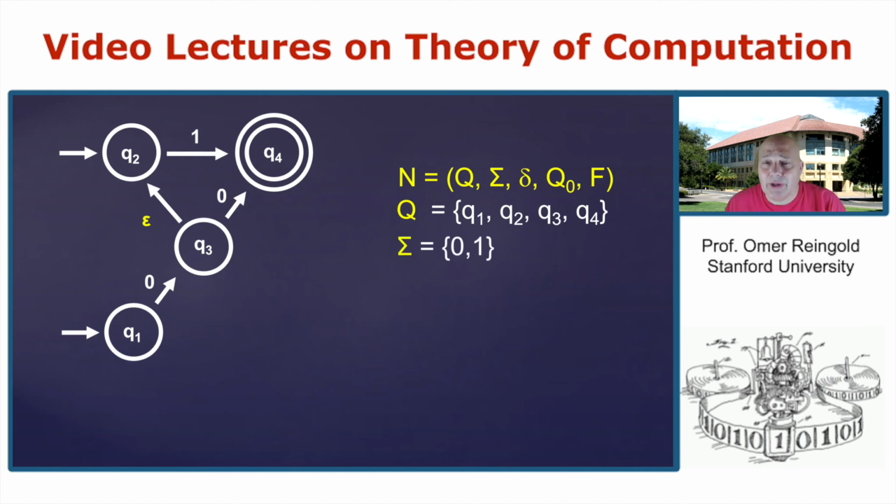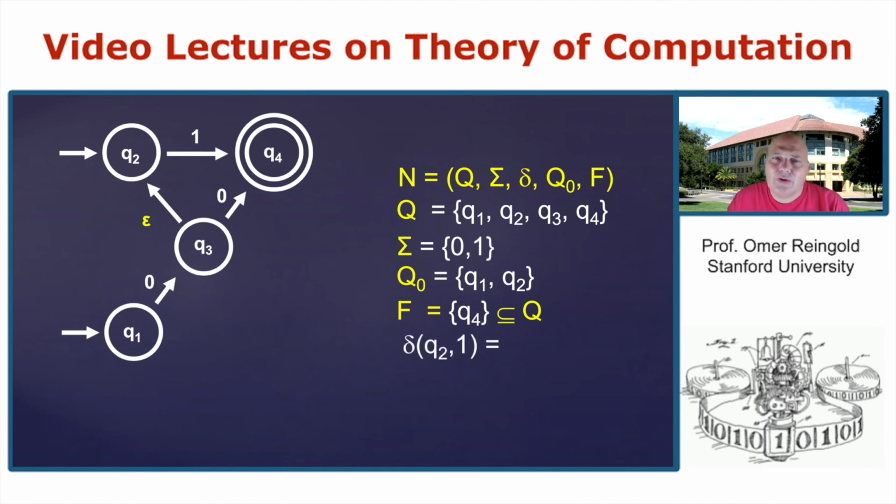Again, it's the binary alphabet. Q0, the set of start states, contains two start states. Q1 is a start state and Q2 is a start state. The accept state F is Q4. So the set contains only a single accept state.